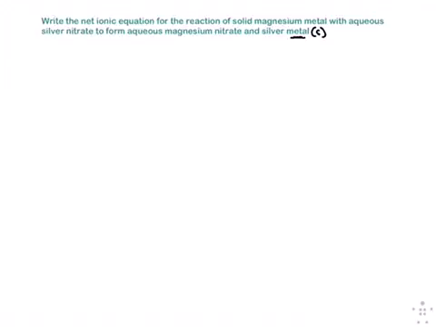So, let's start. We have a solid magnesium metal, so Mg, solid. Is magnesium a diatomic? Nope, so we don't need to worry about that. We're adding that with silver nitrate, AgNO3. Nitrate is 3, nitrite is 2, I believe.